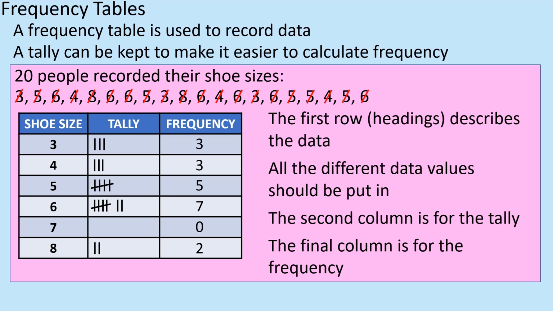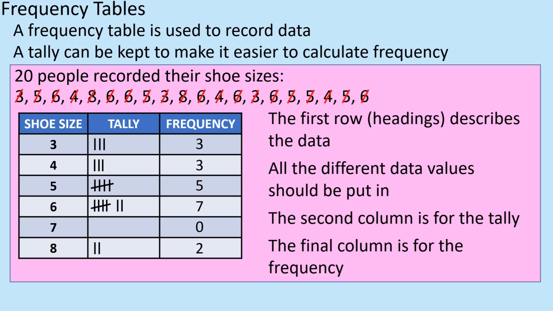Like I've mentioned before, this type of data is discrete data, so it fits in a category. If you're not quite sure what discrete data is, do some research on it, or look at one of the other videos. Discrete data is where something fits in a specific category. It's got to be one or the other. You might say shoe sizes are maybe not discrete, but you're not going to get a 3.2 shoe size.